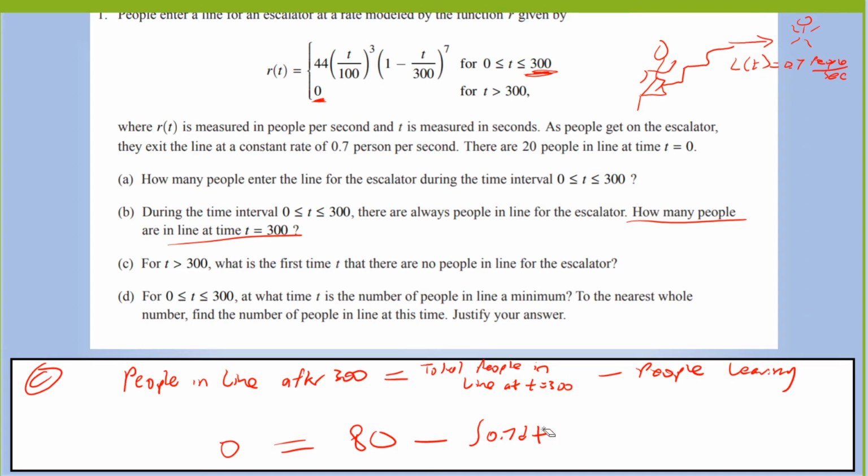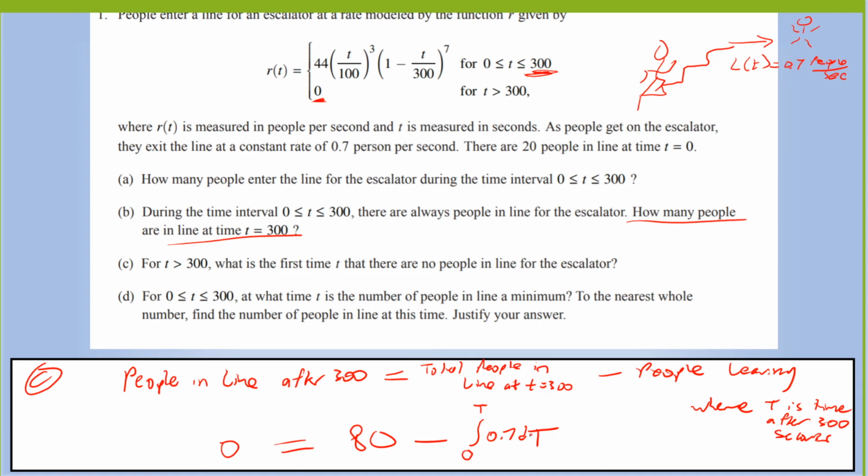However, R(t) is actually a different time because now I'm measuring time after 300. So I'll have to go back and fix that after we solve this. But this is 0 seconds after 300 to t seconds after 300. And I want to solve this equation for t.